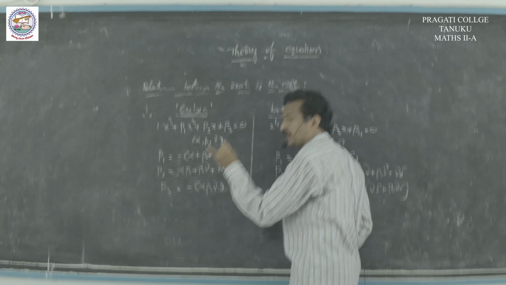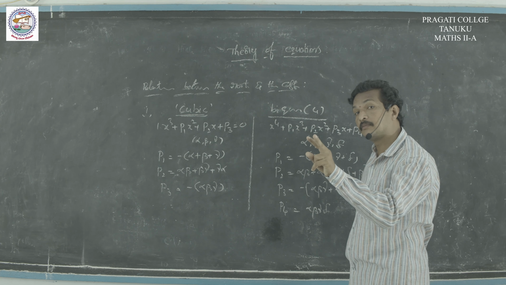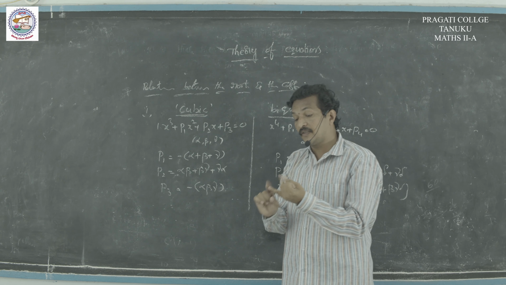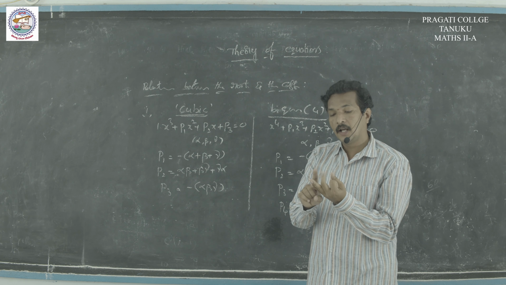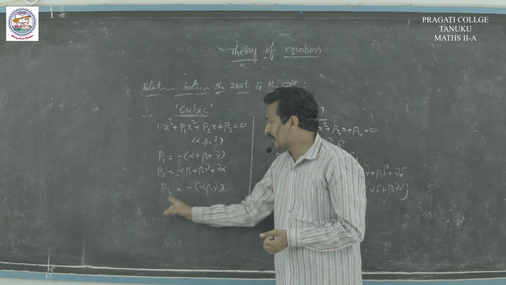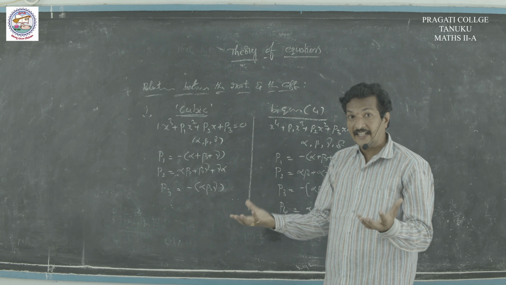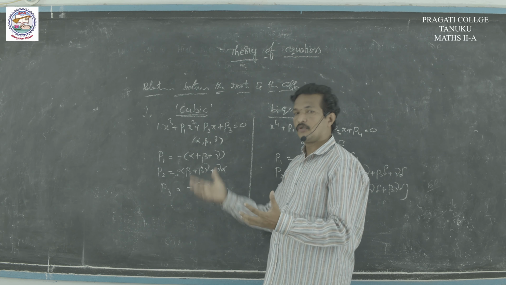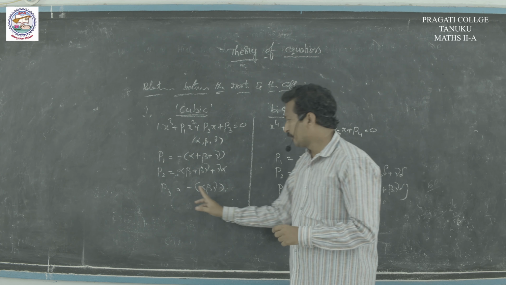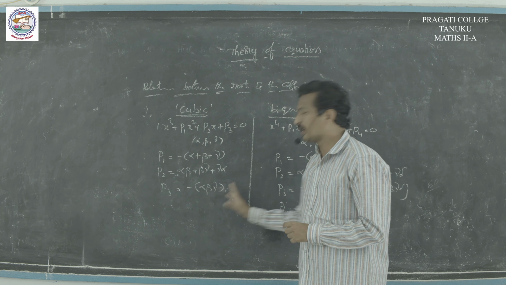There are 3 roots alpha, beta, gamma taken 2 at a time: alpha beta, beta gamma, gamma alpha. P3 means minus of the sum of the product of the roots taken 3 at a time. There are 3 roots, so taken 3 at a time there is only one way, that is minus of alpha beta gamma.